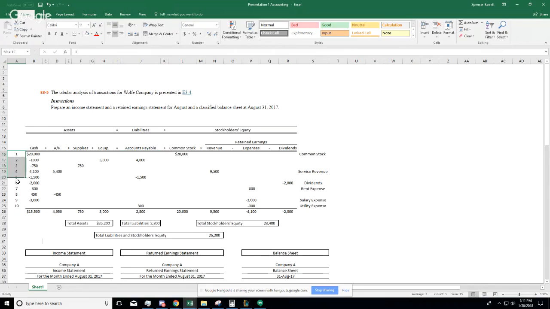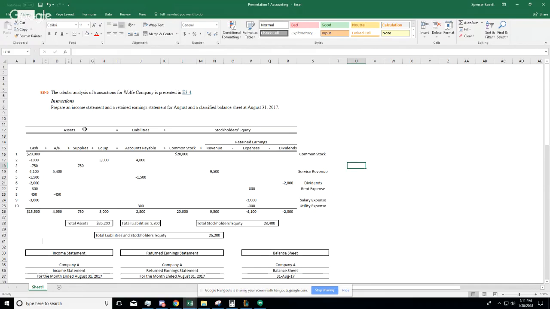These are different transactions that took place during, I called it just Company A. So we have cash, accounts receivable, supplies, equipment, accounts payable, common stock, revenue, expenses, dividends.